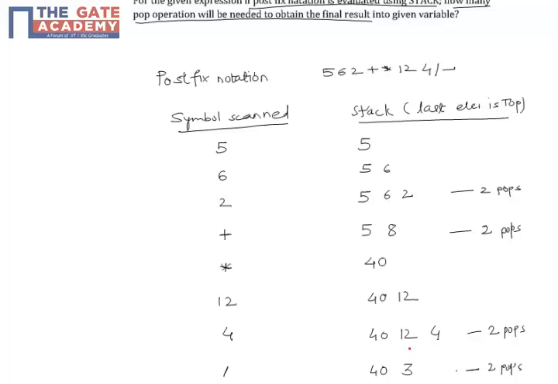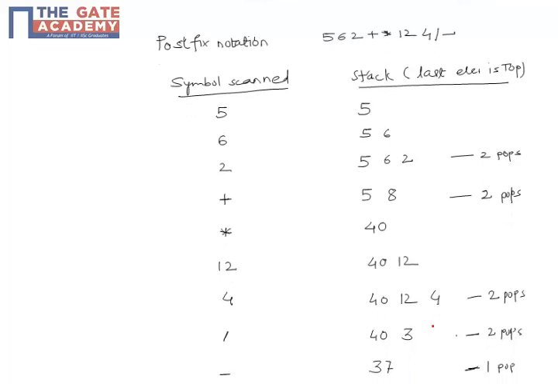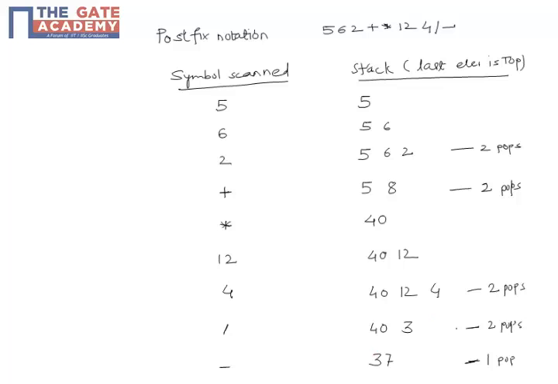So we pop two elements from the stack which are 4 and 12 and do the division operation between them and insert 3, which is the result of this operation, into the stack.